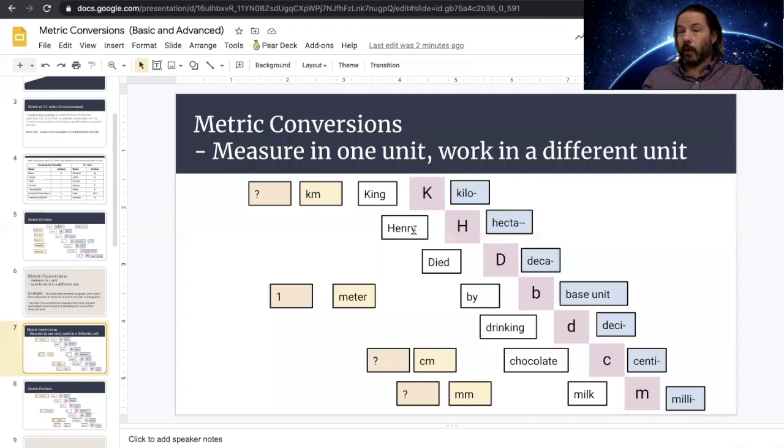So let's take a look at one. So a meter. If you outstretch your arms, depending on how long your arms are, that's still probably going to be pretty close to the size of a meter. Okay, so that's a meter. If you look at a meter stick, you will notice a lot of little bitty lines, and those represent centimeters and millimeters. Okay, and there's a bunch of them.